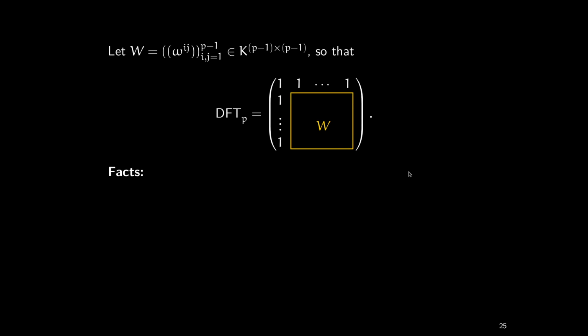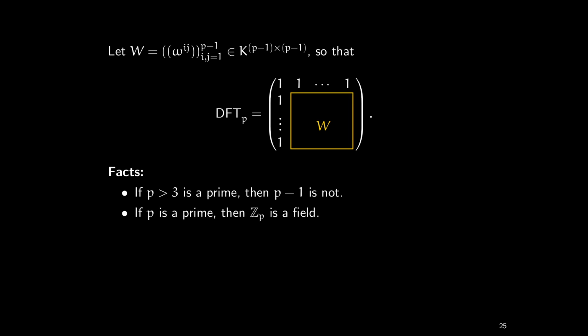And here's a fact. First, if P is a prime, then P minus 1 is not a prime, at least if it's not 3. And second, if P is a prime, then Z_P is a field. And third, you may know from an elementary algebra class that the multiplicative group of a field is cyclic.